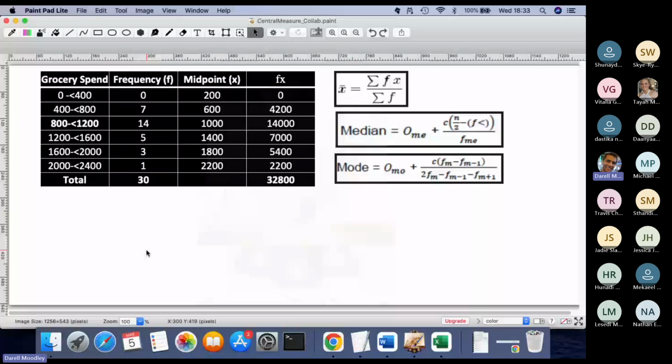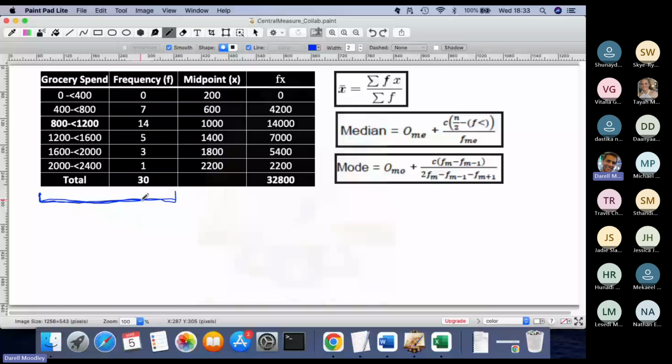So let's look. I just want to draw your attention to the first two columns. Just focus on these two columns, because this is what you'll be presented with in your questions. You'll only be given these two columns. And in this example, the first column shows grocery spend bands.